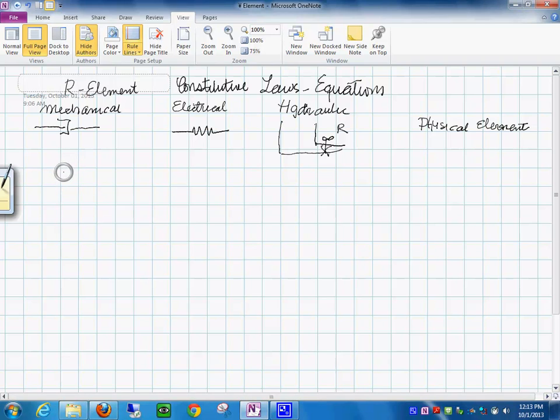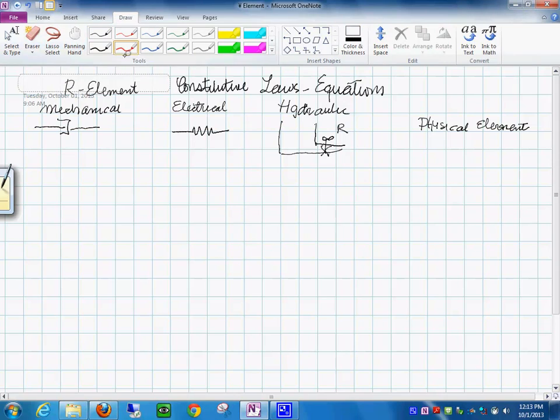Okay, in here we are going to write down the laws as we use them. For this purpose, you could say we're going to put this force over here like this, and we say that the force is equal to B times x dot, like that, right? This is the normal equation of this element.